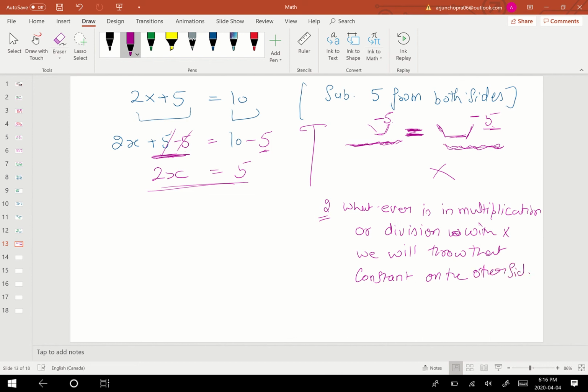Throwing it on the other side means we apply the opposite operation to whatever operation is given with the x.